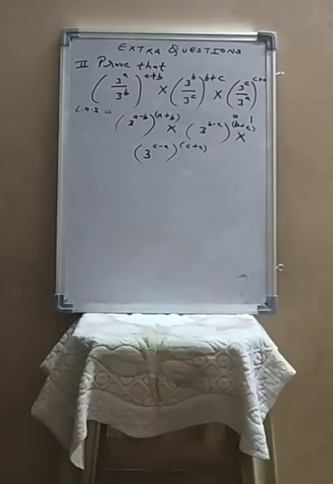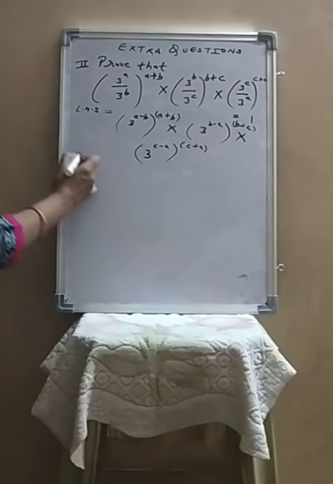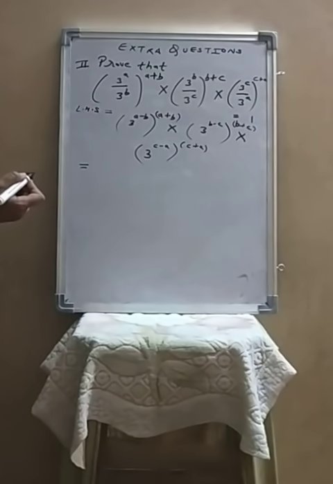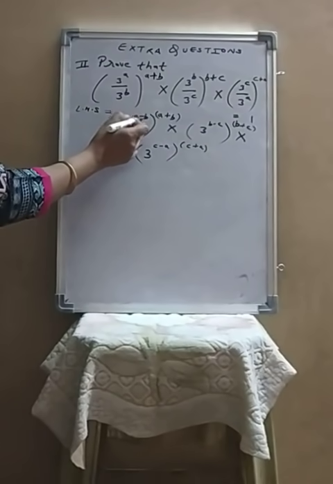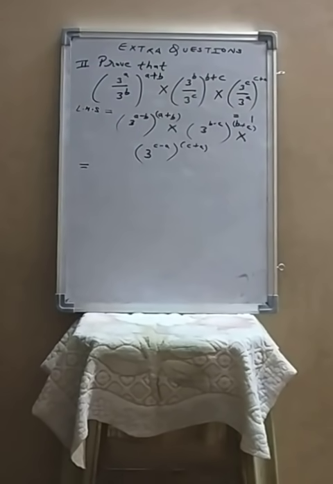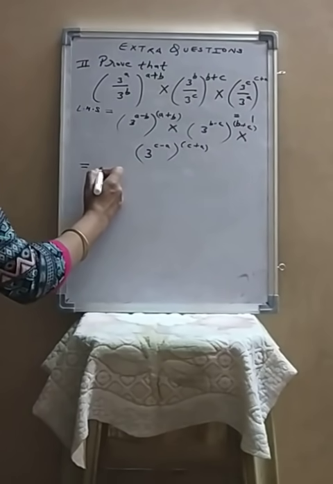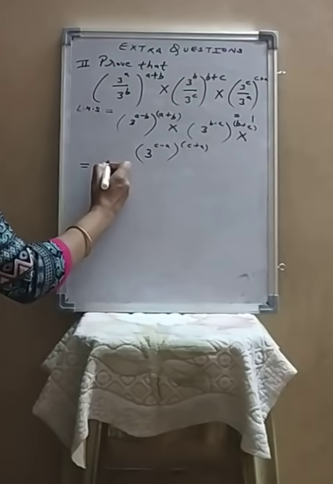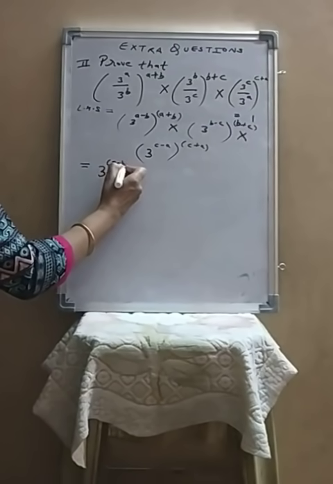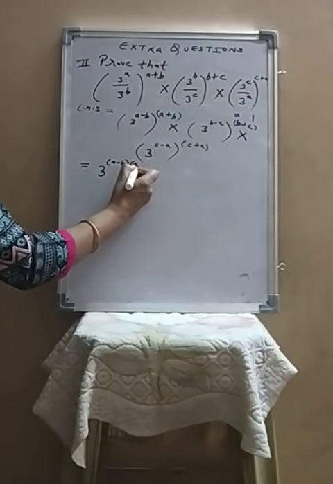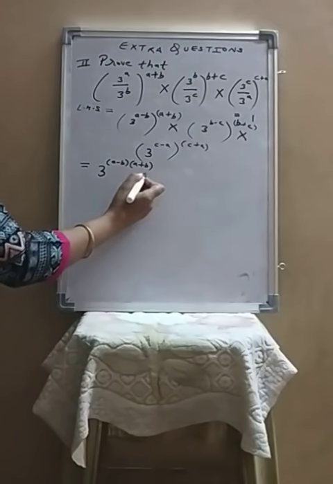Now we need to apply the second law here. Another law means we have one power inside and the other power outside the bracket for the same base 3. So now what we are going to do, we can multiply these powers, like 3 raised to power a minus b multiplied by a plus b.